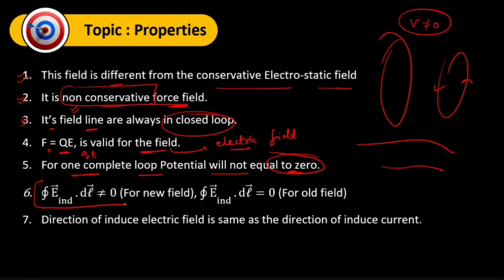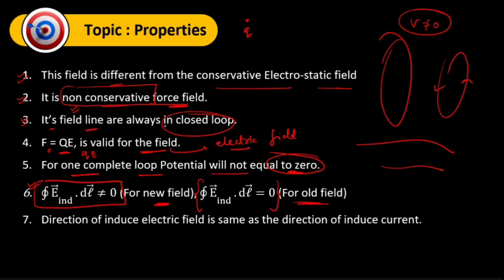Here it says E dot dl. For the new field, it is not going to be zero, but for the old field, it is going to be zero. Now, what do new and old mean? New field means something which is there because of the changing magnetic flux, and old field is something which is there because of the non-moving charge.